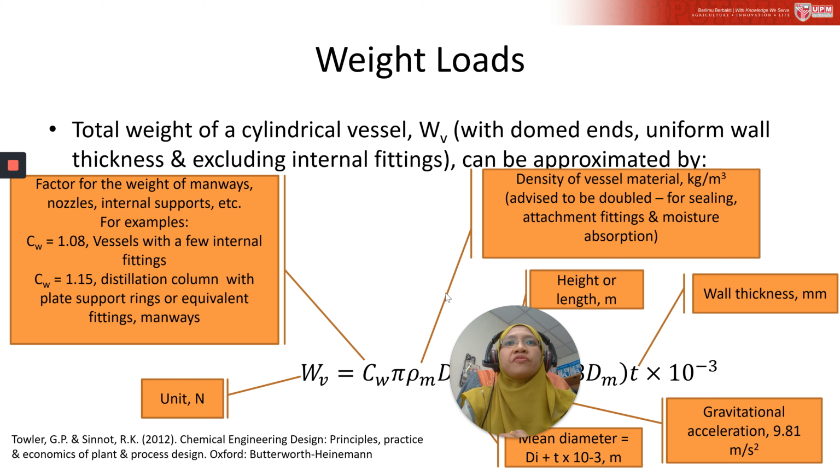For the weight loads, the weight of a cylindrical vessel and fittings can be calculated from the preliminary design sketch. The weight of the standard vessel components may include heads, shell plates, manways, branches, and nozzles.